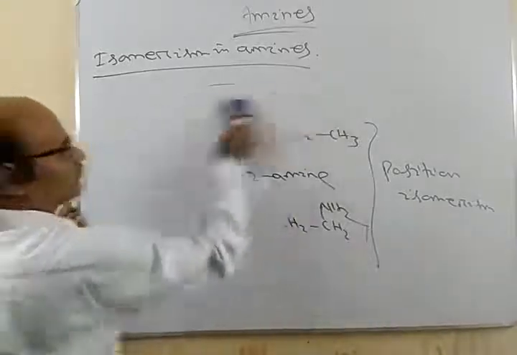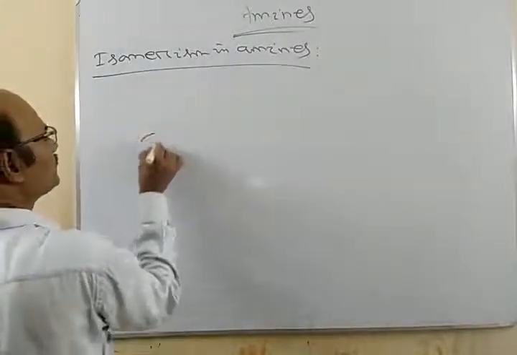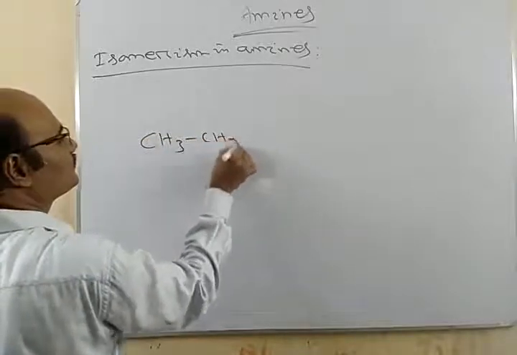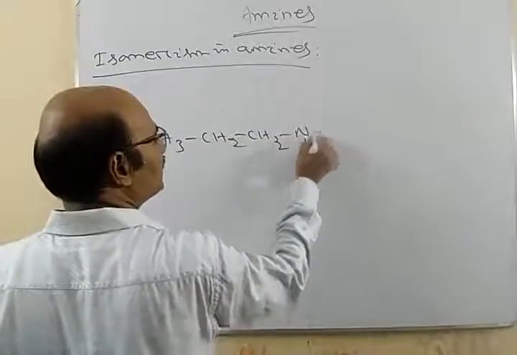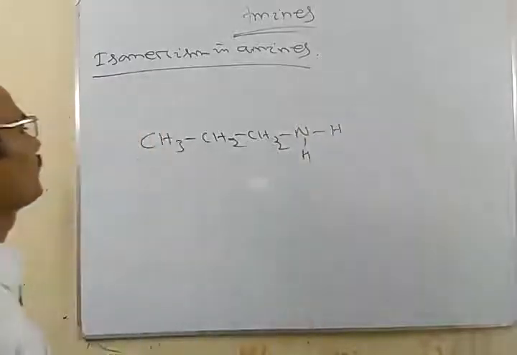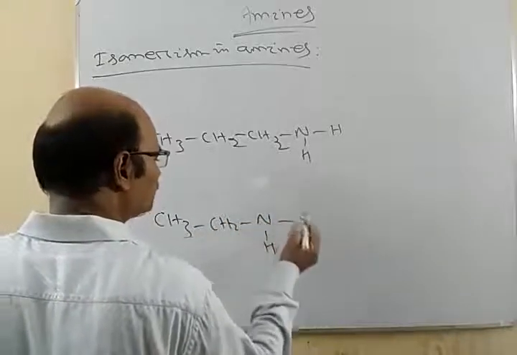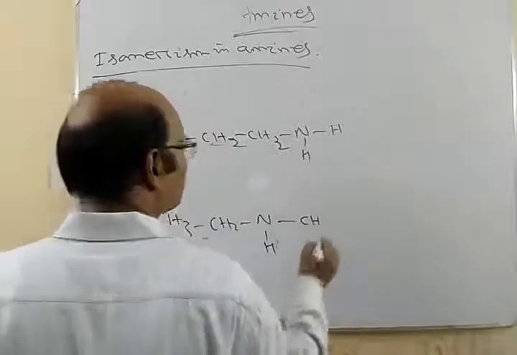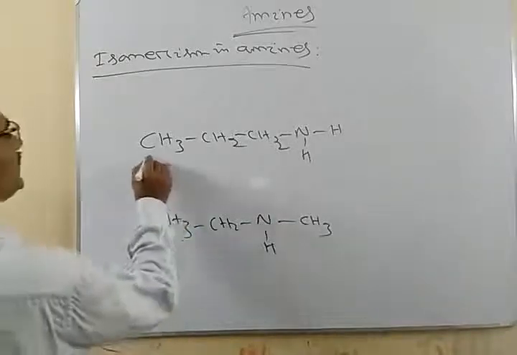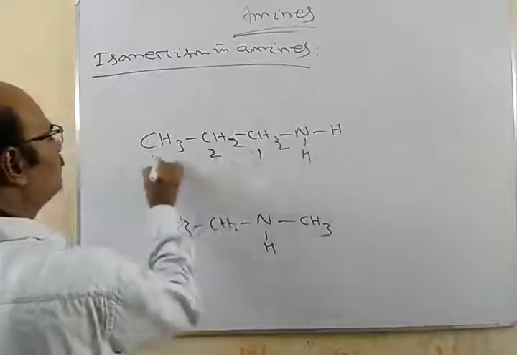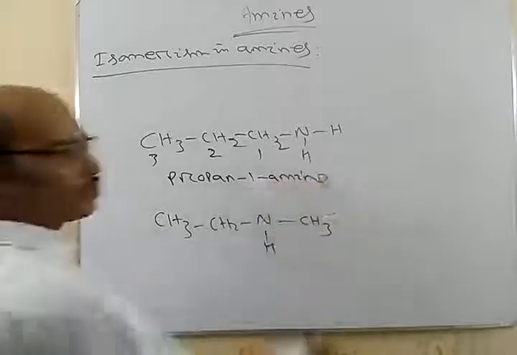Similarly, if I go for CH3CH2CH2NH2 and CH3CH2NHCH3, you will see CH3CH2CH2NH2 is propan-1-amine.